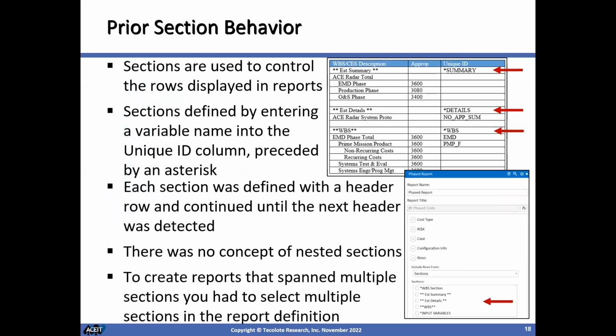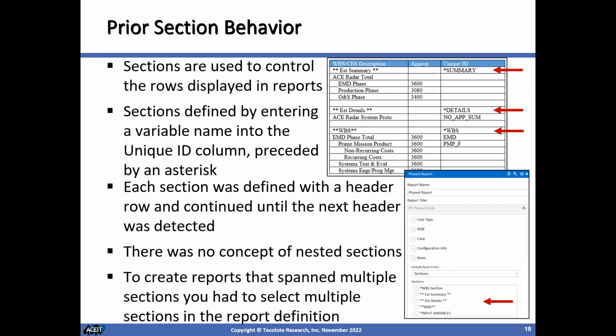So just to give a little more background of what this used to look like, I'm going to talk about sections first, and then I'm going to talk about the summary sections in a moment, because these things are similar and interrelated, but there are also some distinctions here. So first, our prior section behavior.